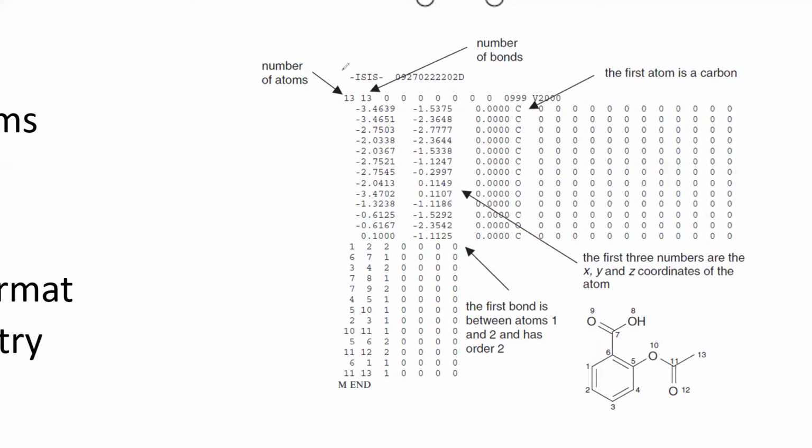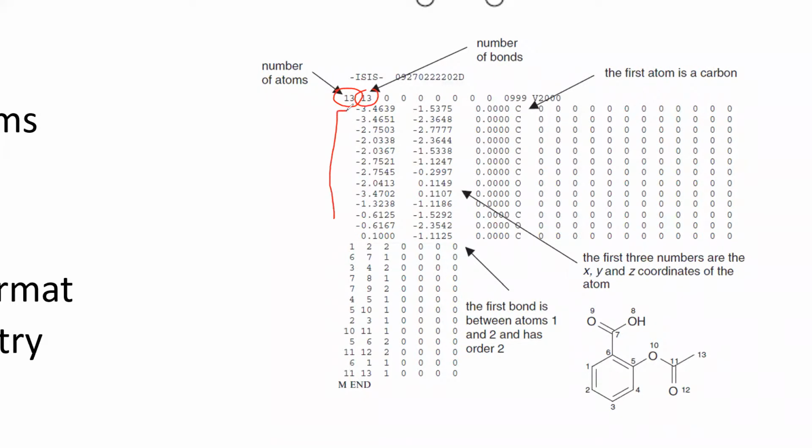The first line usually states which algorithm or software has generated this file. The next line is a simple identification line which shows the total number of atoms and the total number of bonds in this molecule.